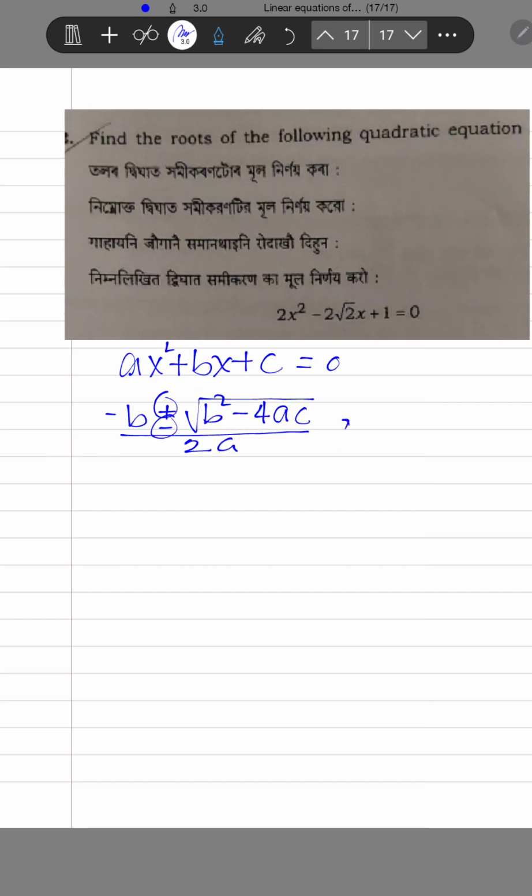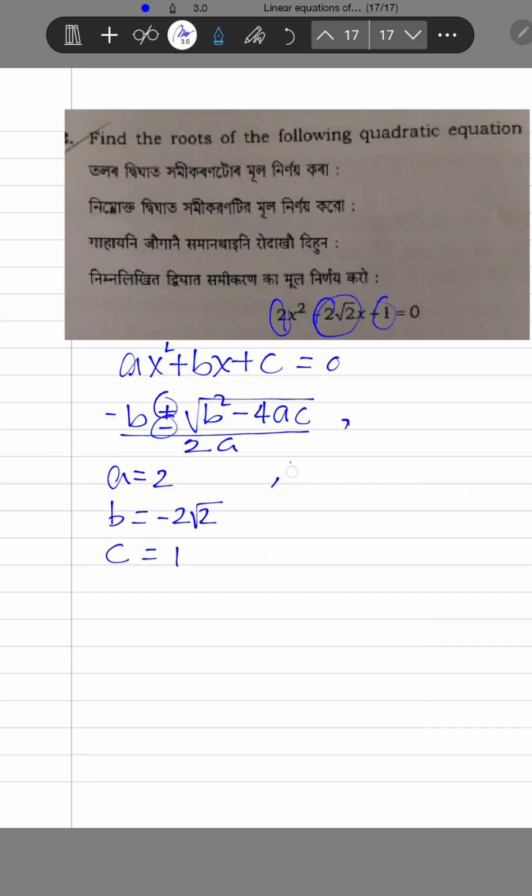The first thing to do, to understand what the roots look like, is to check the value of b squared minus 4ac. Here in this case, a is equal to 2, b is equal to minus 2 root 2, and c is equal to 1, which we can find from the equation itself.